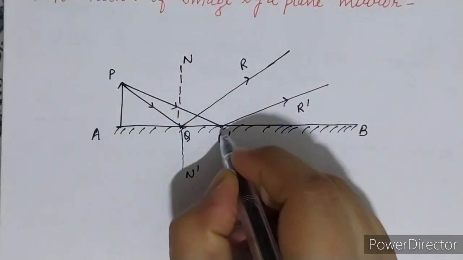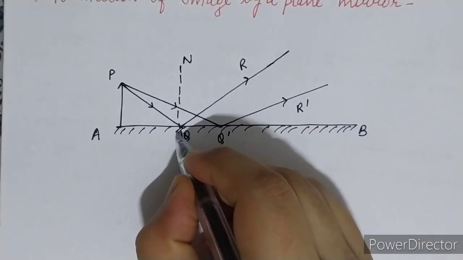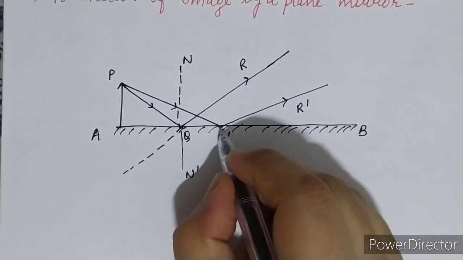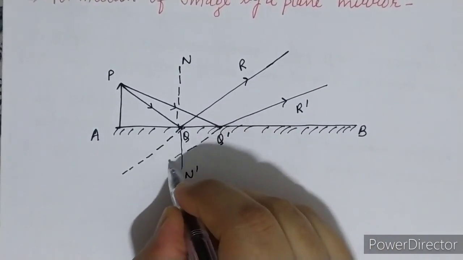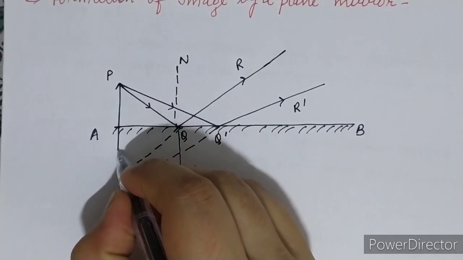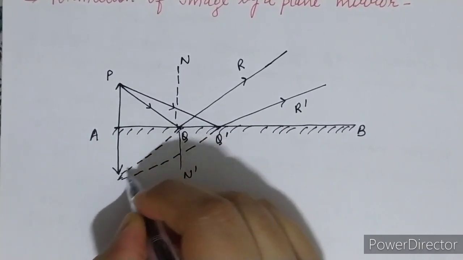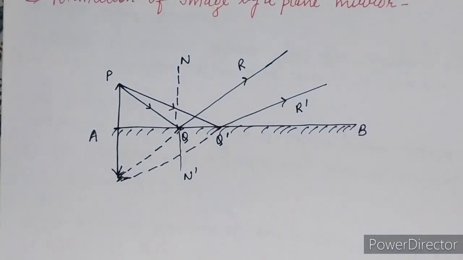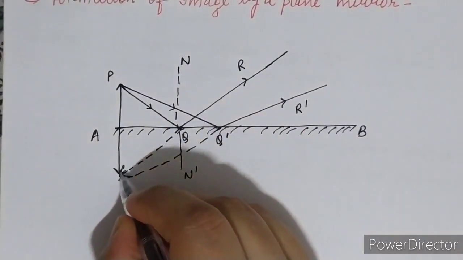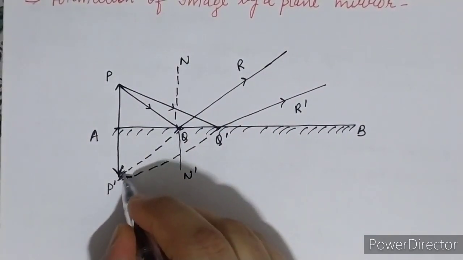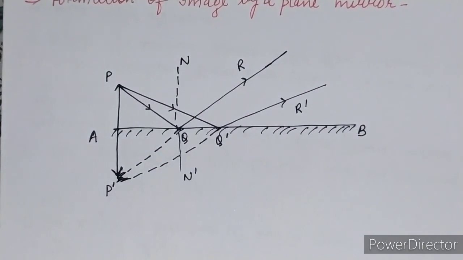From here they are reflected back, so from here we extend them back, and here our image has been formed. Since it is drawn with the help of a scale, the perfect image will be formed. So this is the image P dash, because here they meet.